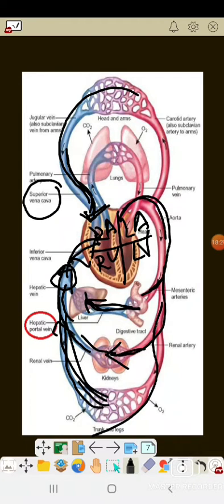So once the blood has entered the heart, the whole process of circulation will take place, which I have explained in the last class, about how the blood flow takes place inside the heart.